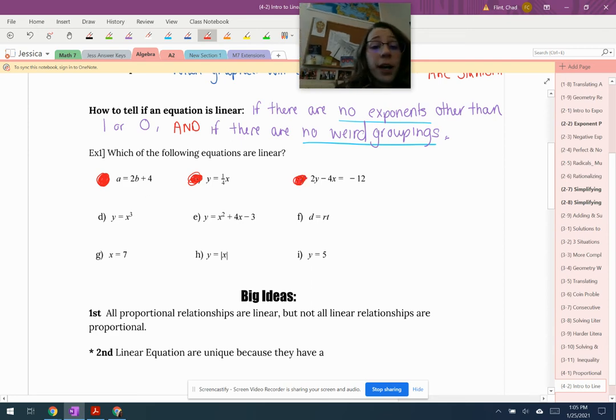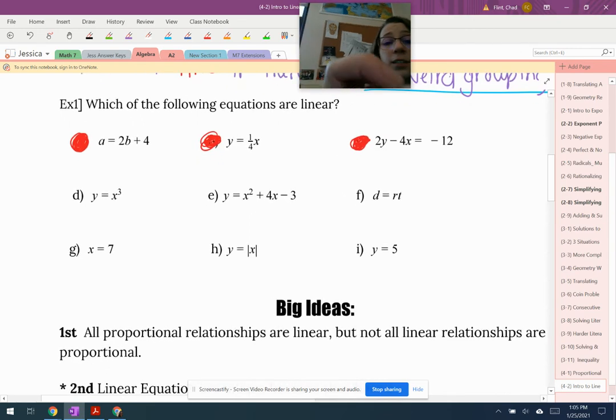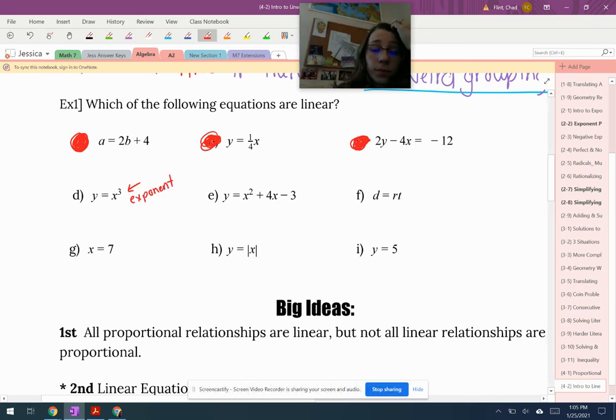D, I do have some exponents going on in D, so D is not linear because of the exponent. E, also same situation, not linear because of those exponents.